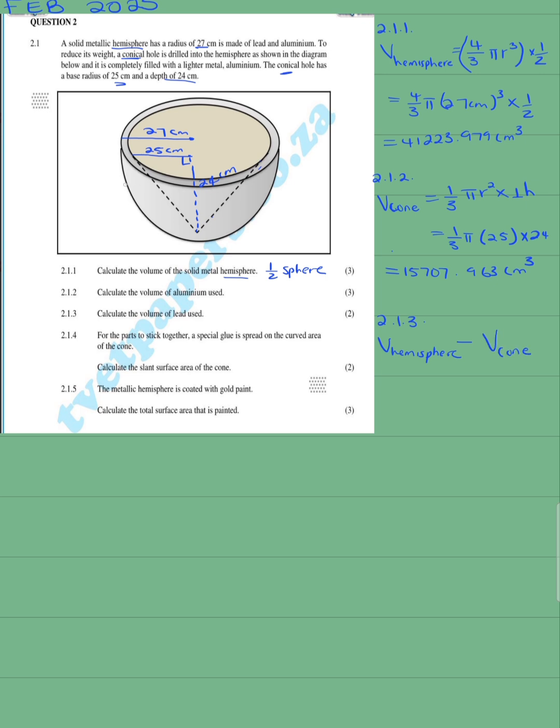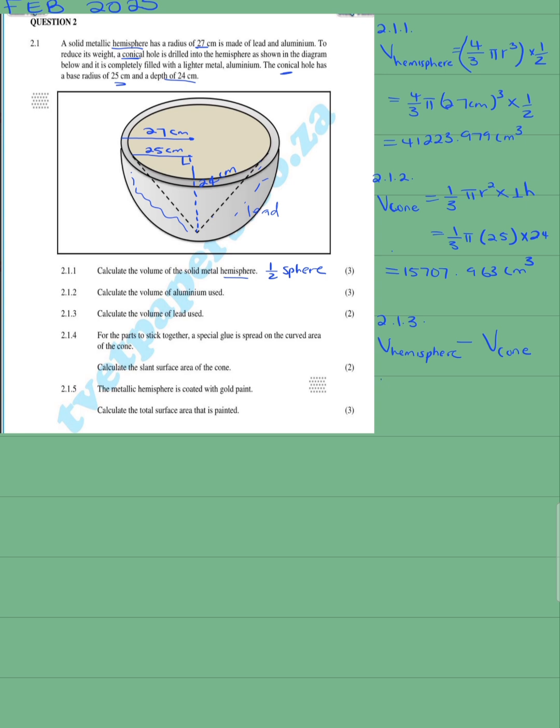So this whole thing is lead. This one inside is aluminium. I hope I'm explaining it clearly, but the main thing is the volume of the hemisphere minus the volume of the cone.